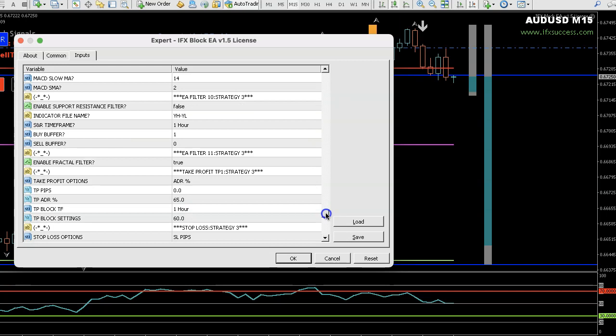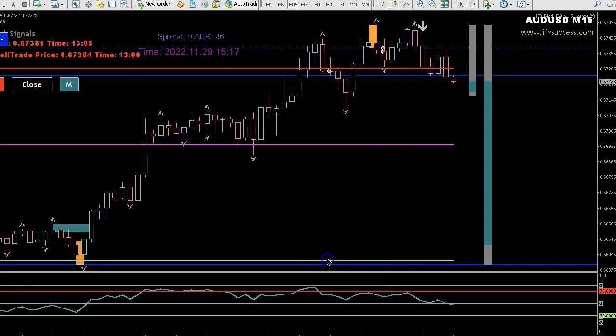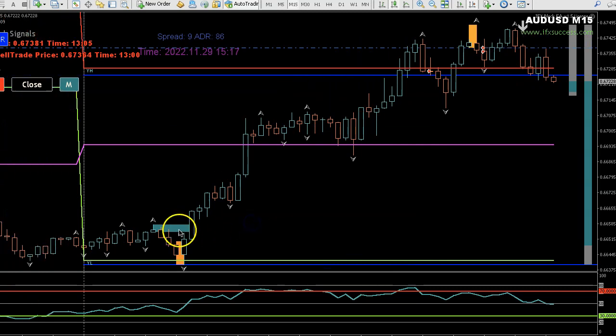And then the other thing that I added in here is enable fractal filter. So what does that mean? What is the fractal filter? Just like this one right over here, this is a perfect example. Hey, if it hits yesterday's high and low, I don't think this one is like that.